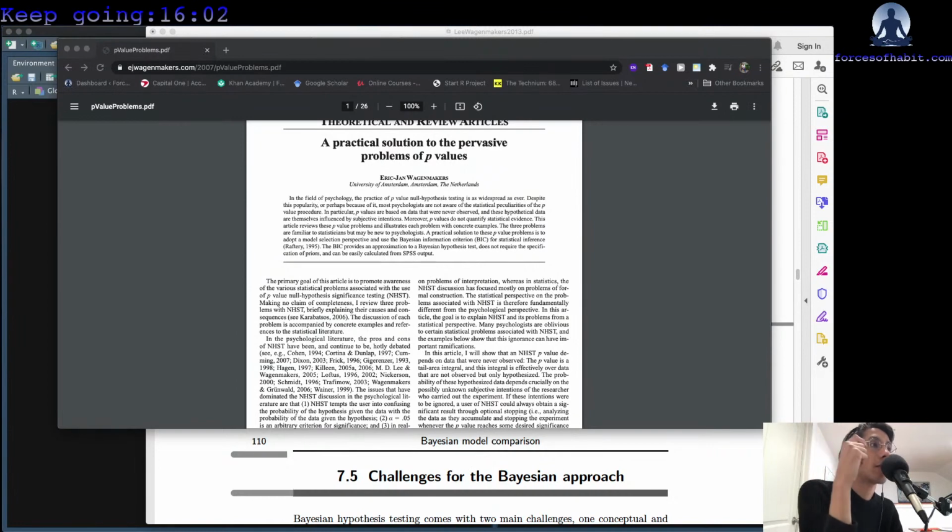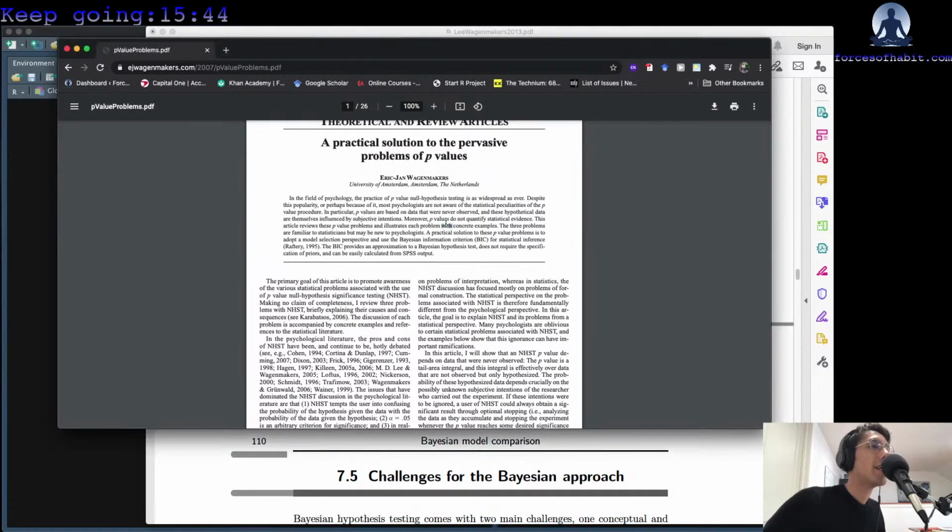And people apparently are not aware of these peculiarities of the p-value procedure. And p-values never provide us with actual evidence for a given hypothesis.